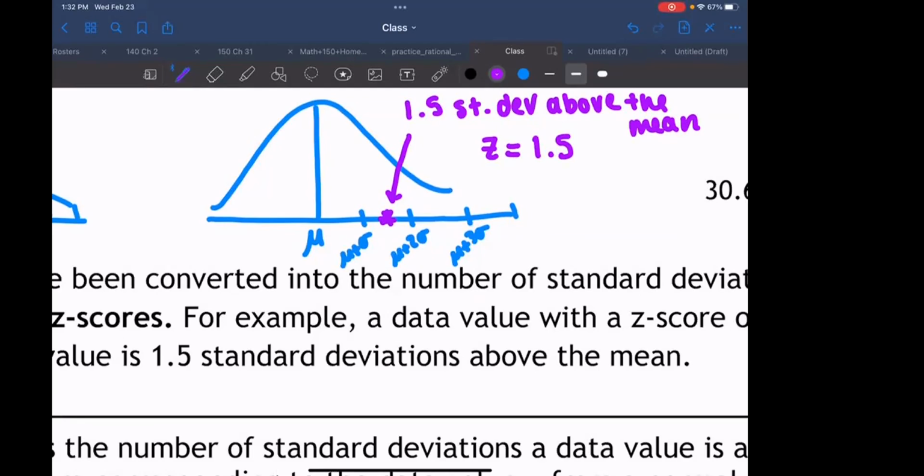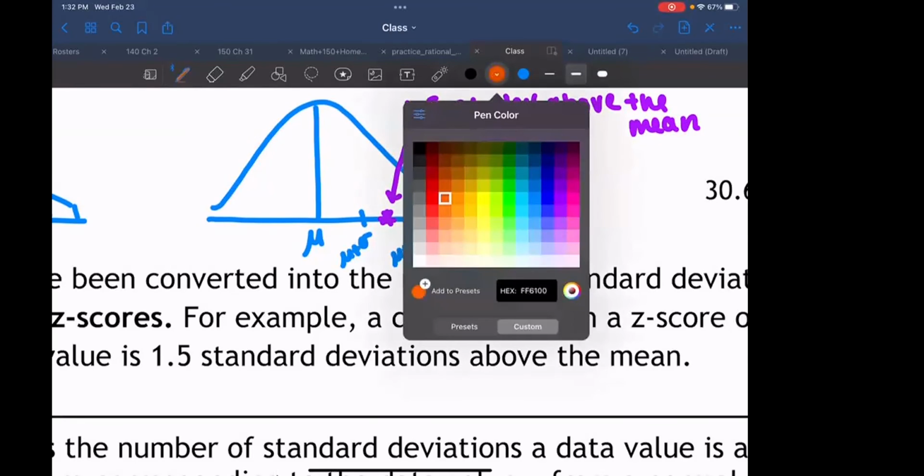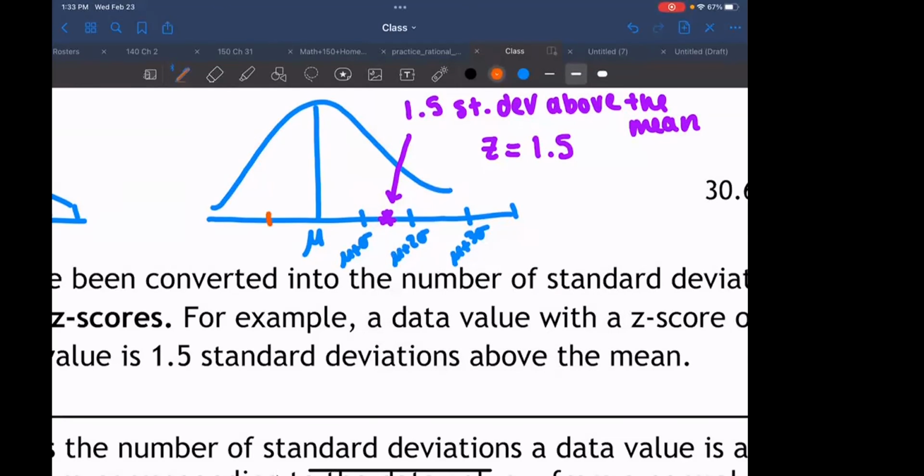Okay, let me give you another example here. Let's say I had mean minus sigma, mean minus 2 sigma, mean minus 3 sigma. Okay, what if I wanted to do, I don't know, this point, which is 2.8 standard deviations below the mean.